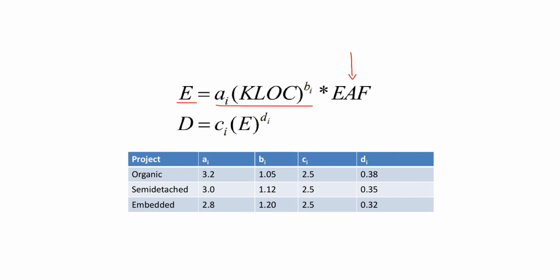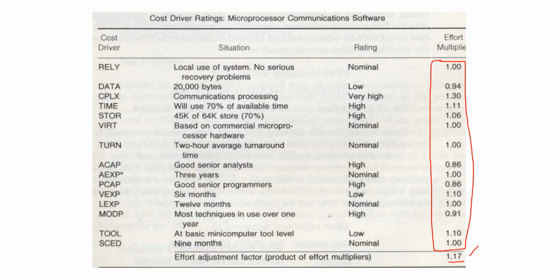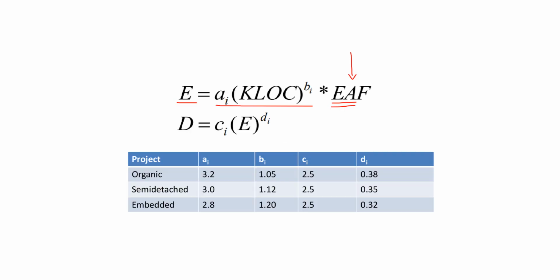Once you are done with this, we calculate the development time of that particular project model. So for organic, the value of a was 3.2, value of b is 1.05, c is 2.5, and d is 0.38. Likewise, you have to find some way to remember all these values. So this is how the intermediate COCOMO fine tunes the existing effort.